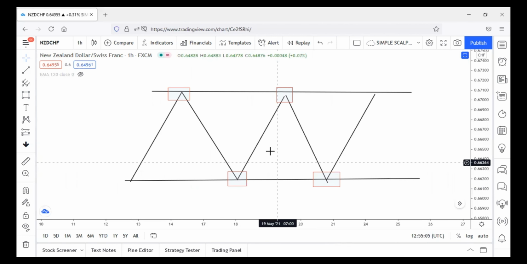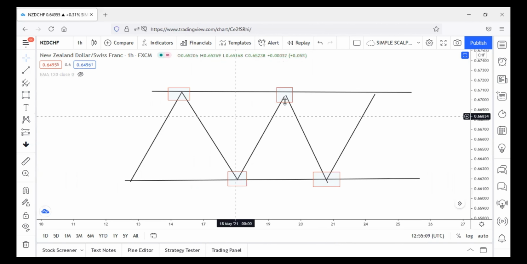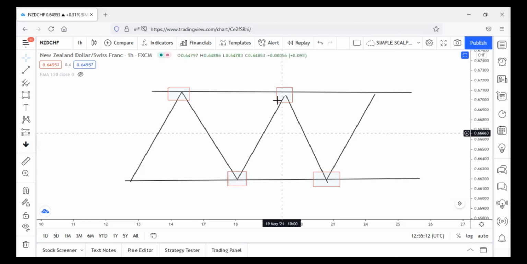But you don't want to take a trade blindly right here. There are surest ways that you can be sure that price is ready to reverse right here, apart from the candlestick pattern that you're going to see. For example, the bearish candlestick pattern, the shooting star, the inside bar candlestick pattern that tells you that this is a valid area for you to take the sell trade.